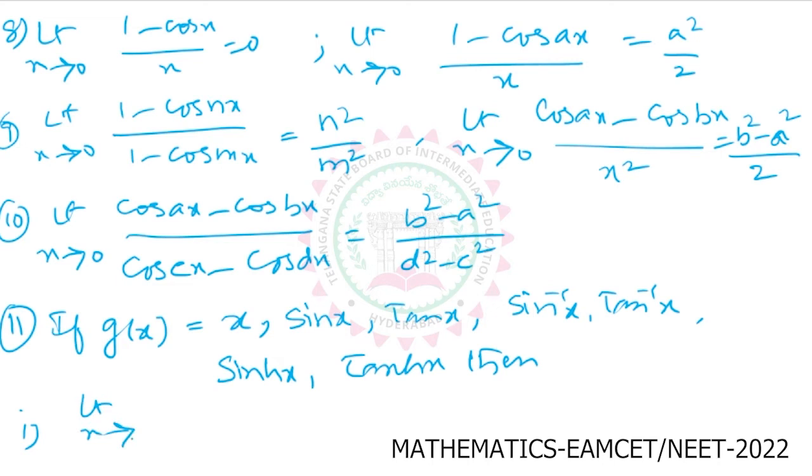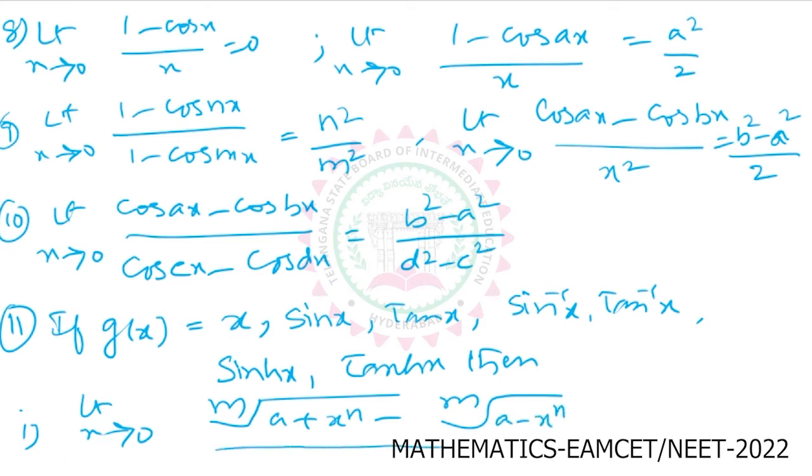That is, limit x tending to 0 of the mth root of (a plus g(x)) to the power n minus the mth root of (a minus g(x)) to the power n, divided by (g(x)) to the power n, is equal to 2 divided by m, what is m, into a power of 1 minus 1 by m.